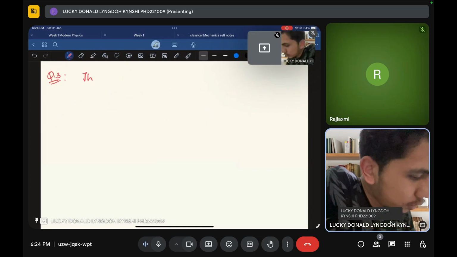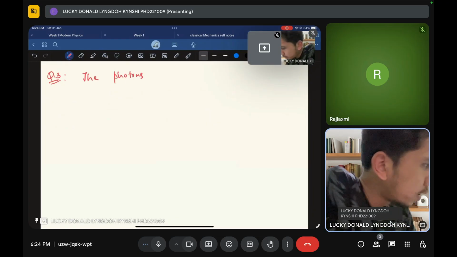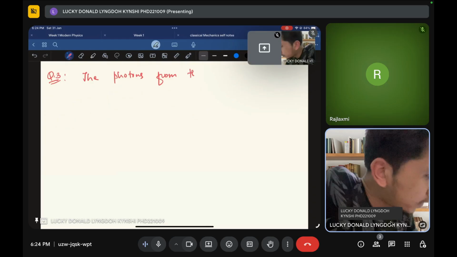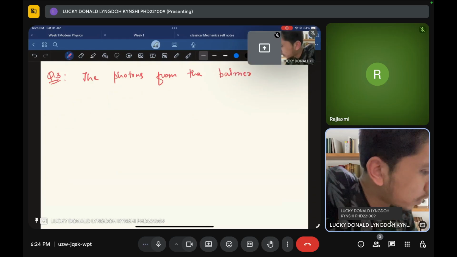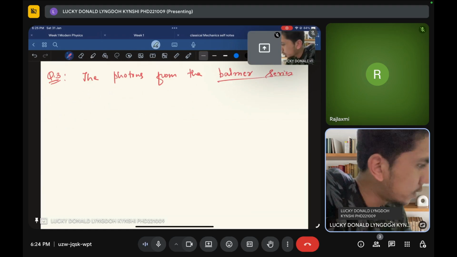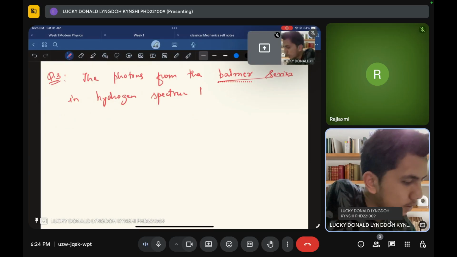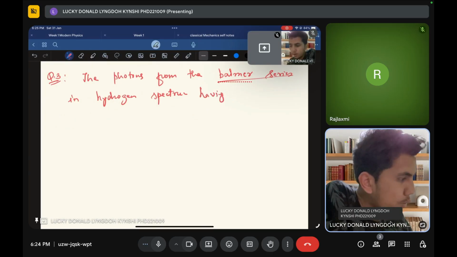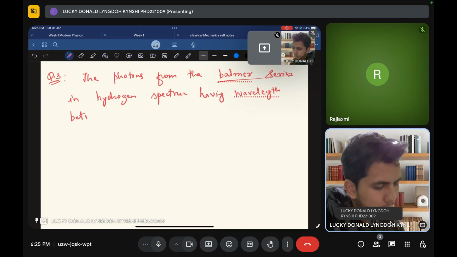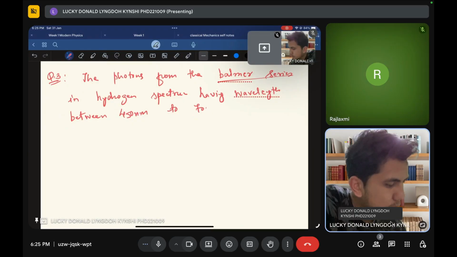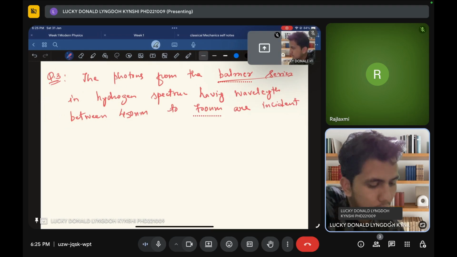The question is: the photons from the Balmer series in the hydrogen spectrum, remember, it is the Balmer series, not the Lyman series, having wavelength between 450 nanometer to 700 nanometer are incident on a metal surface.